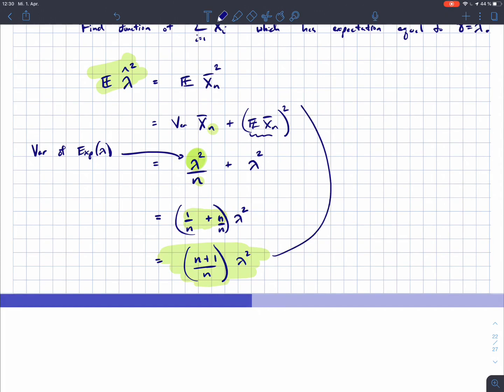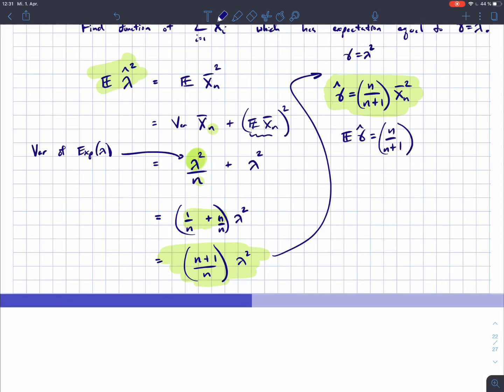But what I can do is, remember my gamma is lambda squared, so I'm going to take gamma hat. Let's go ahead and do n over n plus 1 times x bar squared. If I consider this estimator, it has expected value given by n over n plus 1.